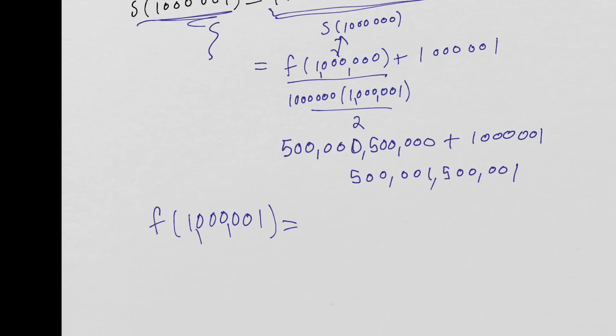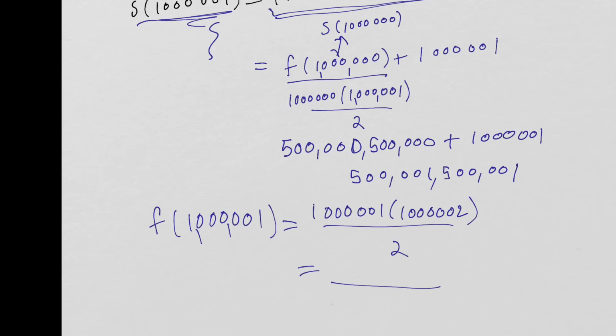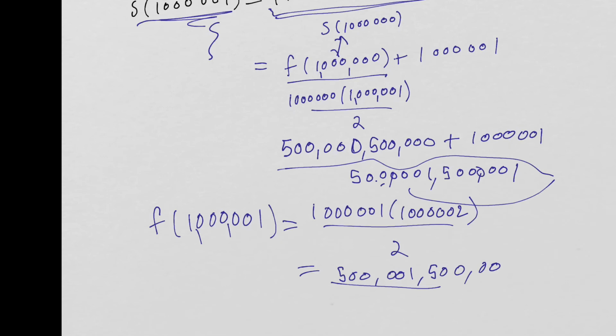That's just 1,000,001 times 1,000,002 divided by 2, which I can calculate, throw it into my calculator, and it really does equal this. I messed something up somewhere with the number of zeros. So whatever it is, the point is not the value. You can check me on the values.